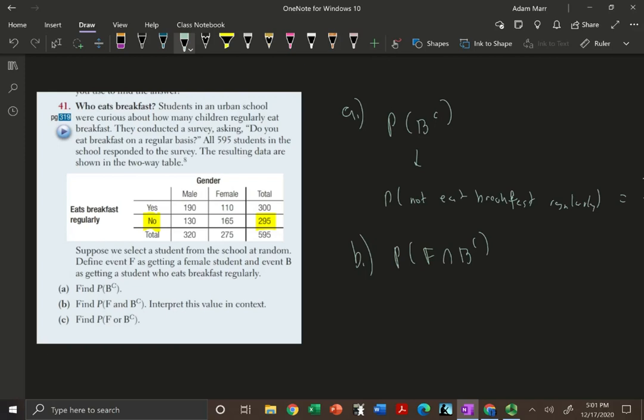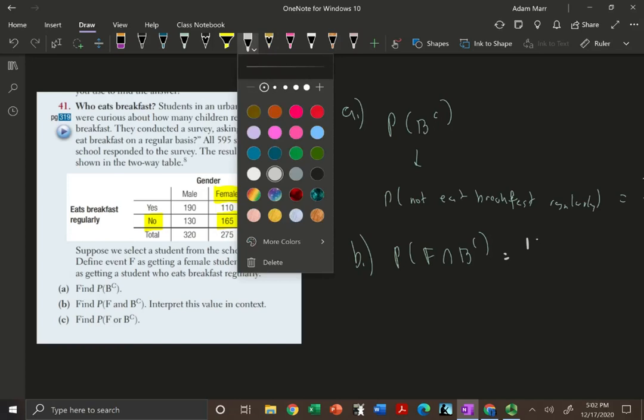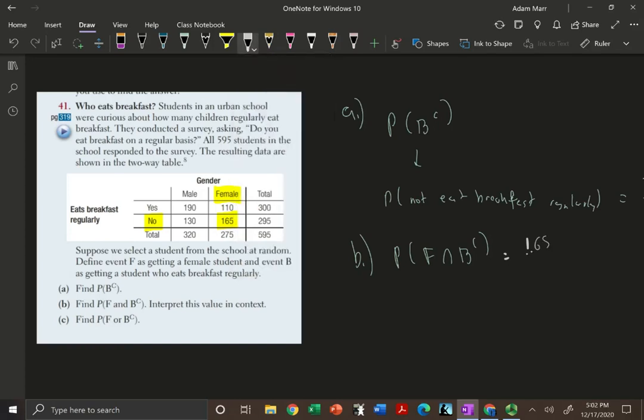So let's take a look right here. Female is right there and no breakfast is right there, and that gives us right there 165 over 595. All right, that ends up being 0.277.